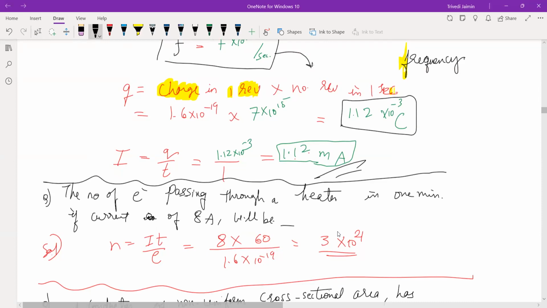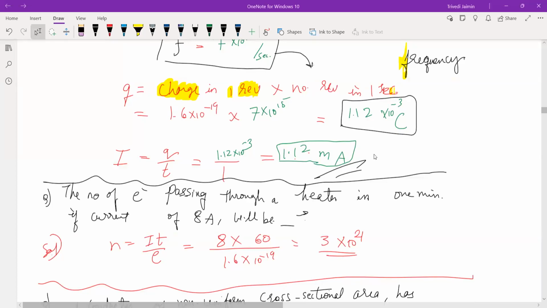A current of 8 ampere is passing in 1 minute, and if the current of 8 ampere will pass, then okay, no problem.